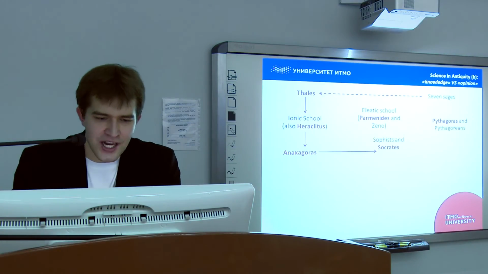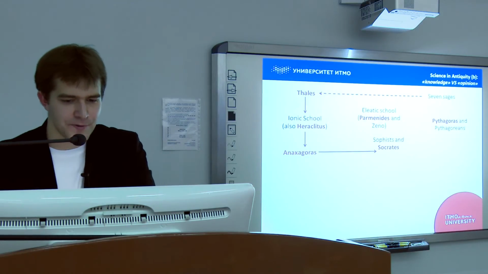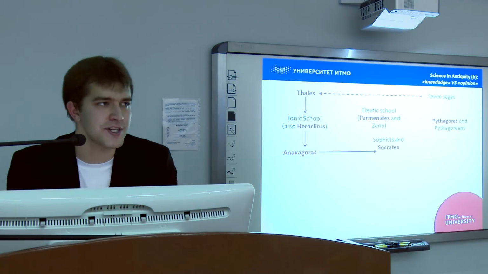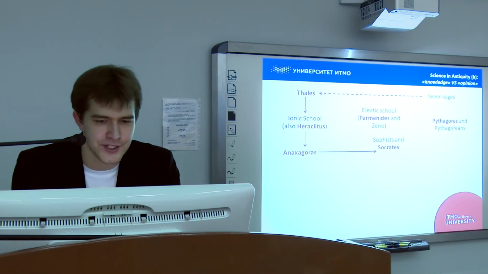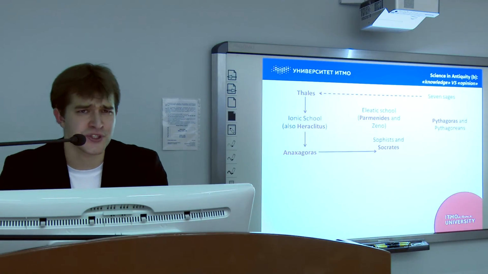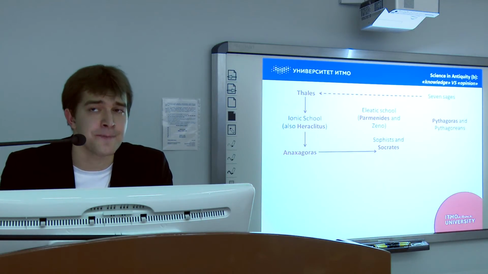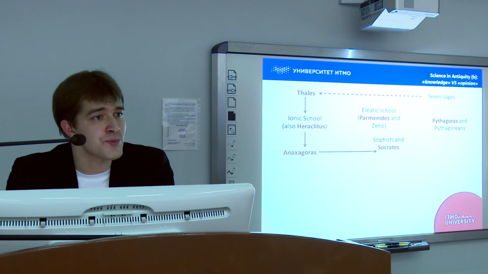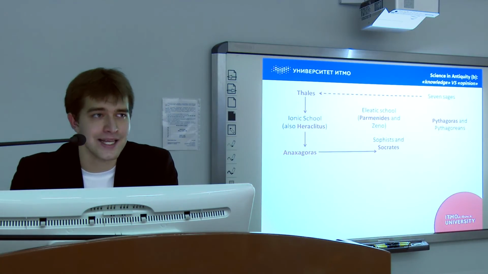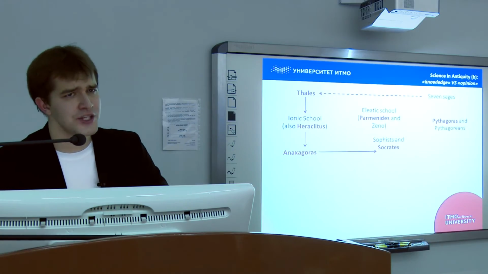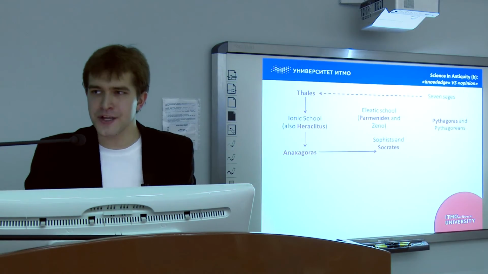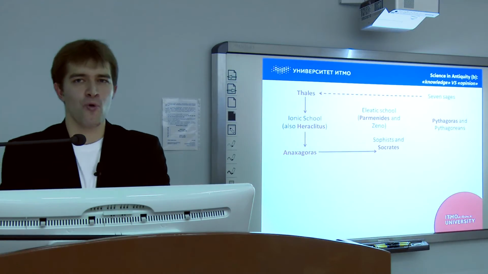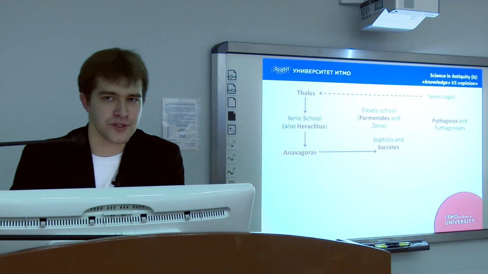So after Anaxagoras, we come to the Sophists and Socrates. This is the 5th century BC, because Socrates died in 399 BC. The Sophists were those who came to Athens as wandering sages from different parts of Hellas, and they tried to teach Athenians how to perform at the courts of law.